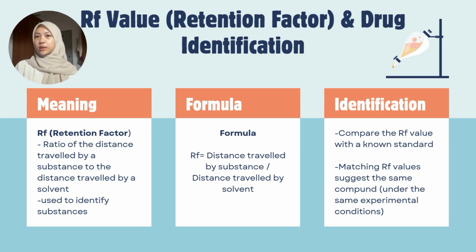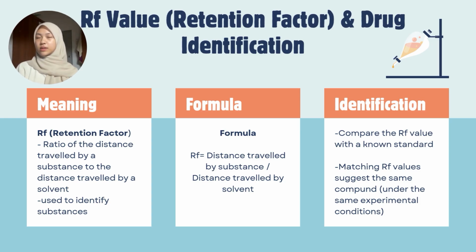The RF value is calculated using this formula: RF equals the distance traveled by the substance divided by the distance traveled by the solvent. For example, if the drug spot travels 2 cm while the solvent front travels 5 cm, the RF value is 2 divided by 5, which equals 0.40.